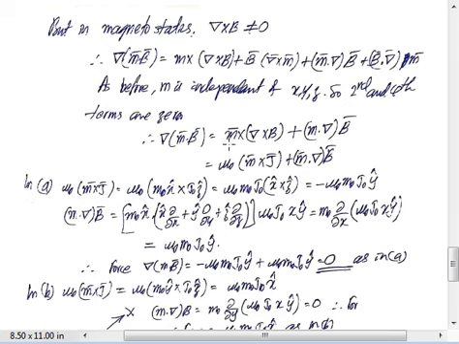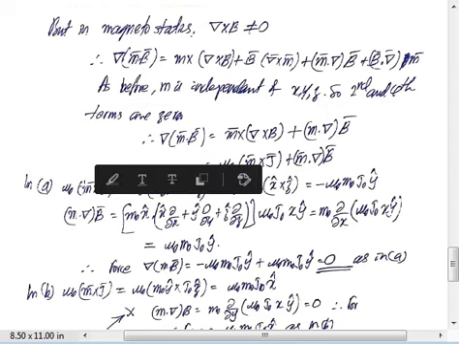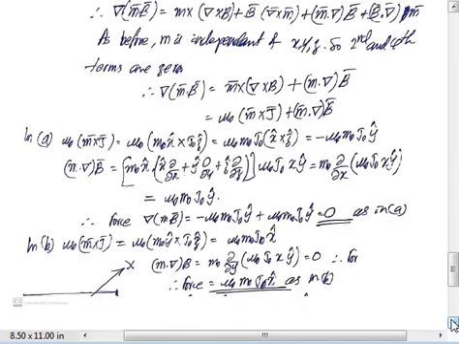Now we have to prove this expression in the case of A and B. Now for A, the first term mu0 into m cross J is mu0 into m0 x cap cross j0 z cap, that is equal to mu0 m0 j0 x cap cross z cap, which is minus y cap. Therefore, minus mu0 m0 j0 y cap, that is the first term.